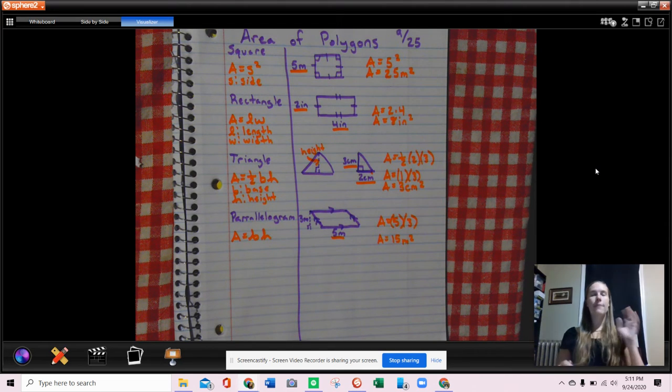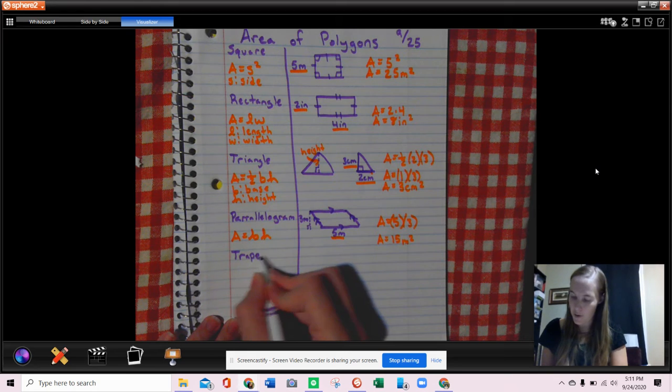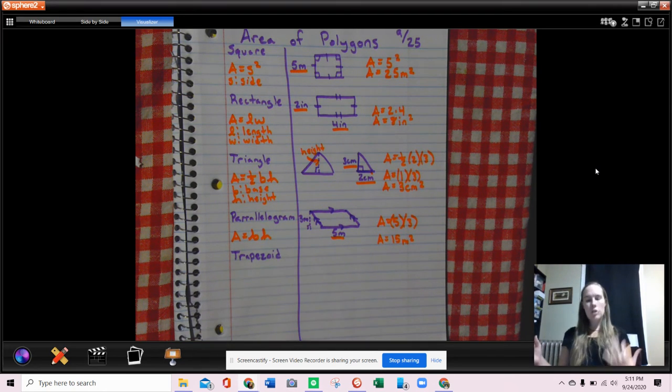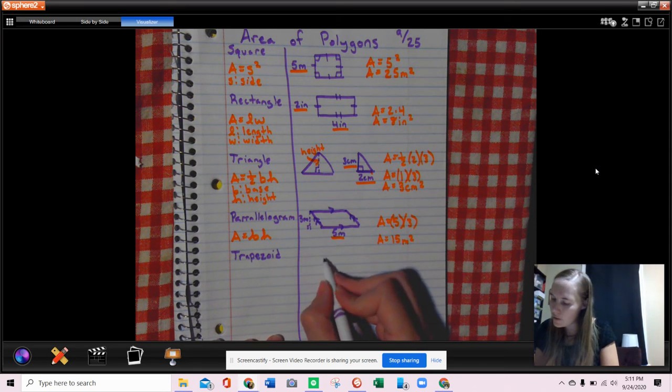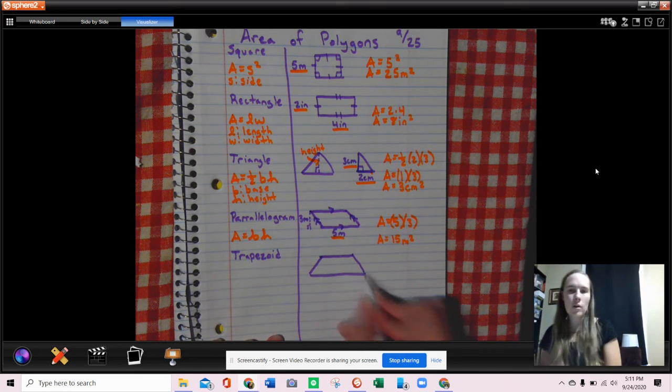So the very last polygon that we're going to be talking about is also a little bit trickier when you are finding the area. And that is the trapezoid. So trapezoids, just like triangles, can look a couple different ways. So you're probably used to trapezoids looking like this some sort of way.